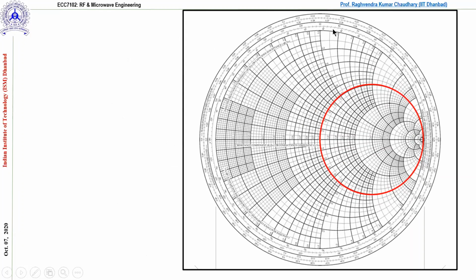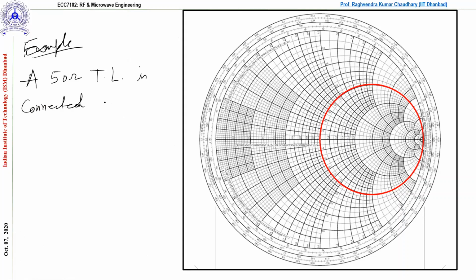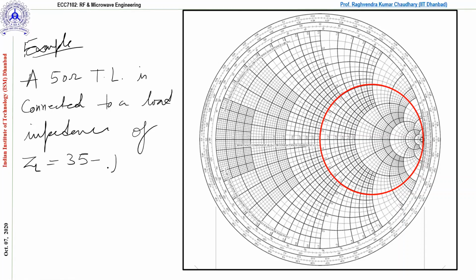This is an example from the book again, from D.K. Cheng. So the statement of the problem is, a 50 ohm transmission line is connected to a load impedance of ZL equal to 35 minus j47.5.